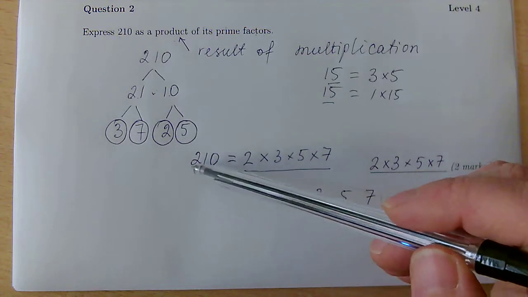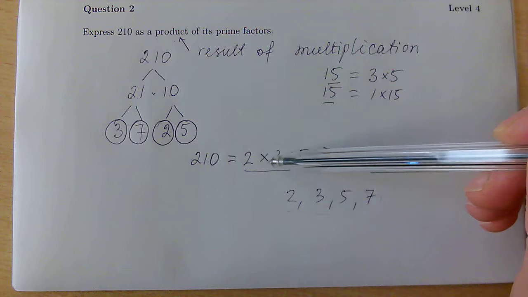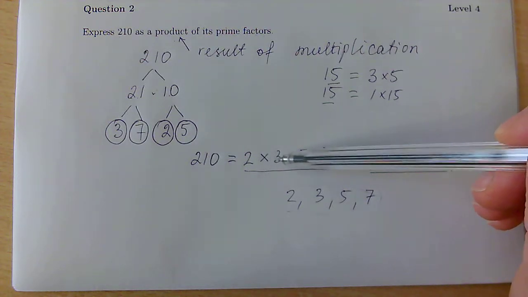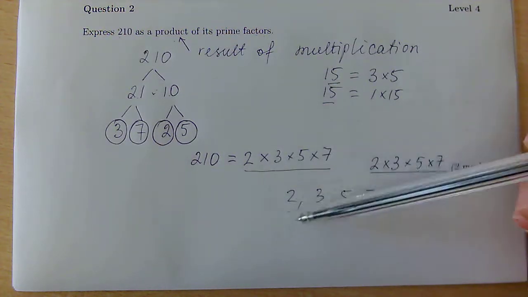Okay, and now we write 210, starting from the smallest one, 2, and going in ascending order, times 3, times 5, times 7.